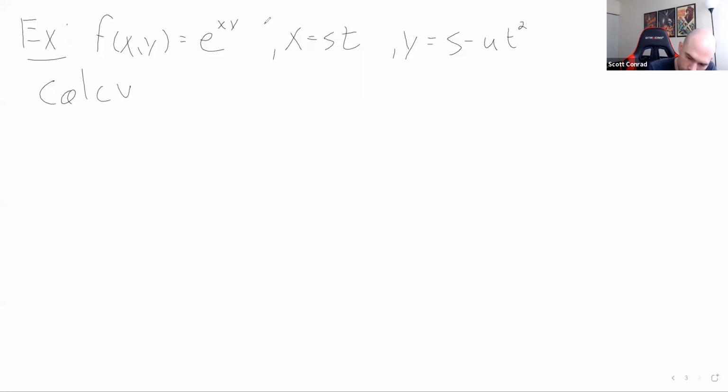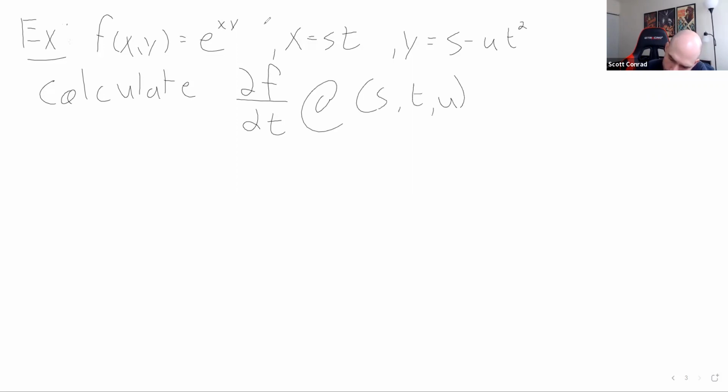So we want to calculate the partial of f with respect to t. f is a function of x and y, but x and y are each functions of s, t, and u. So f is really a function of s, t, and u, so we can take partials with respect to s, t, or u. So we want to know the partial of f with respect to t at (2, 3, -1). So s is 2, t is 3, u is -1.